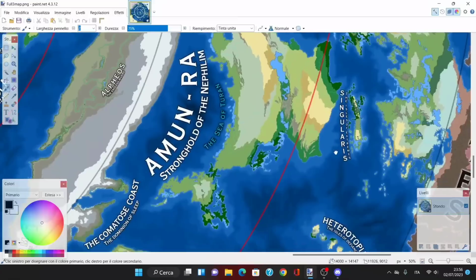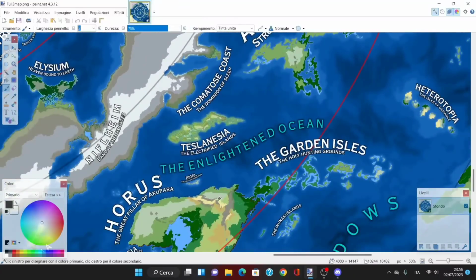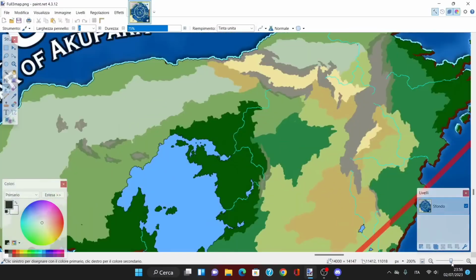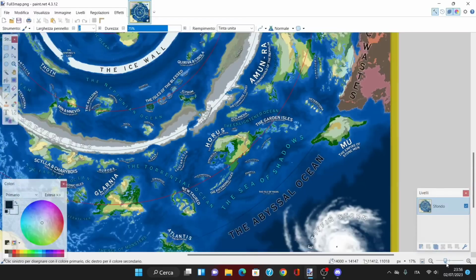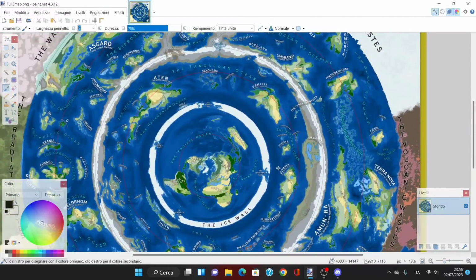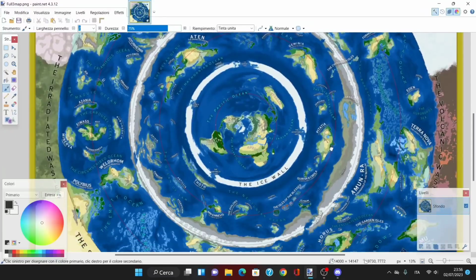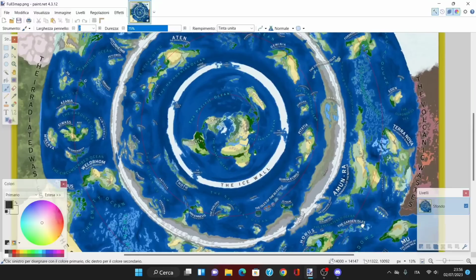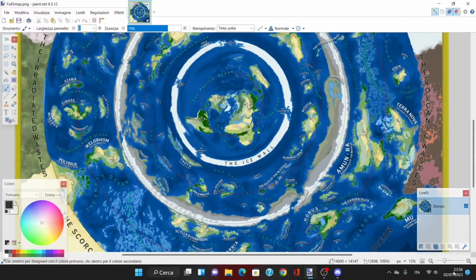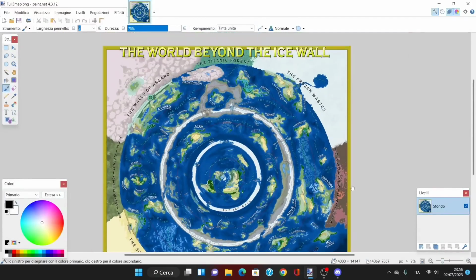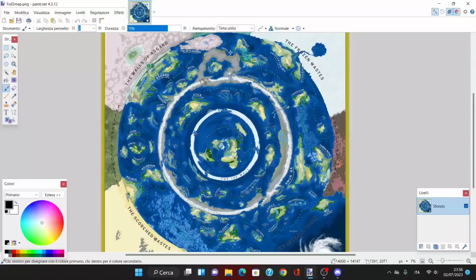Also, once again, I might have skipped an important part of this. This entire second ring can also be called by another name, Akupara. It's a very ancient name, nobody really knows the origins of, but I might be wrong. I might be one of the people that just don't know about them. So if you do know the origins of the name of Akupara, let me know in the comments. But yeah, the second ring, so everything outside of the mountain ring, but inside of the Walls of Asgard, Scorched Earth, Abyssal Ocean, Frozen Waste, and so on and so forth, is included in this definition of Akupara.